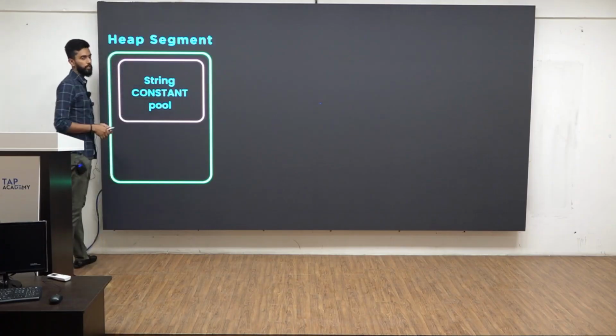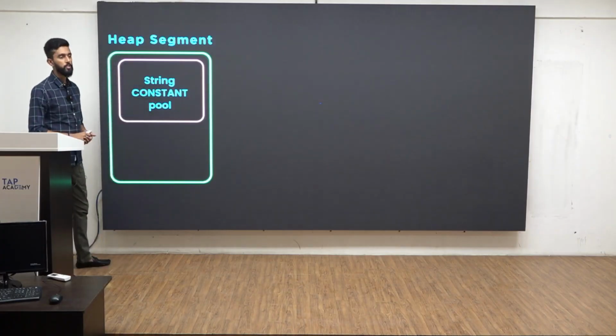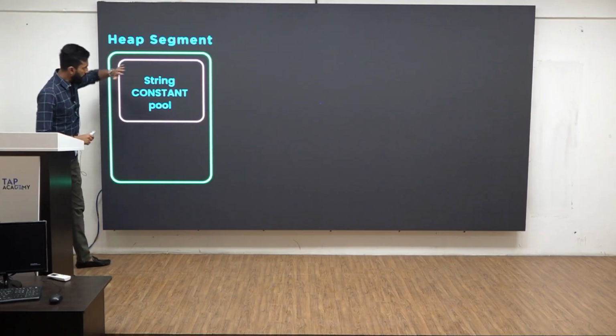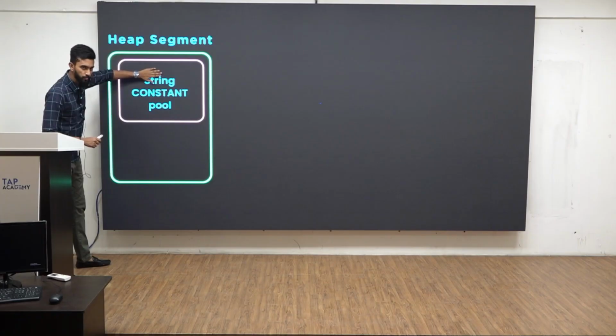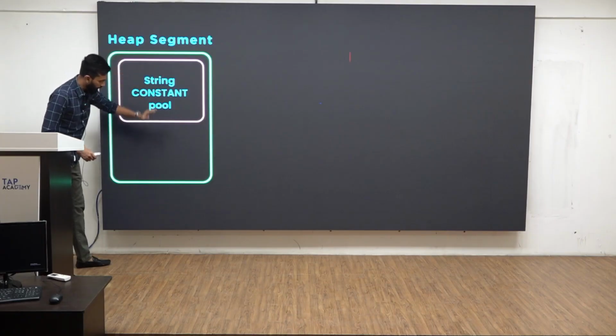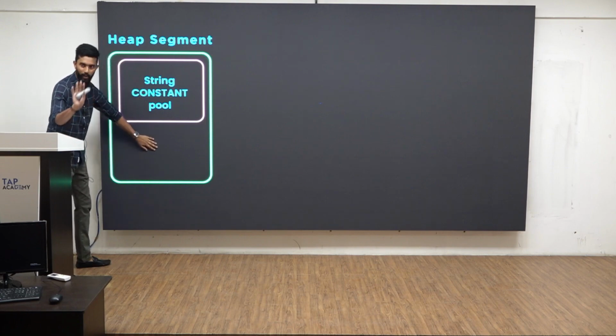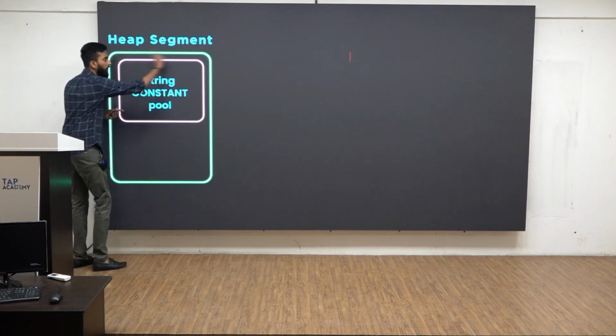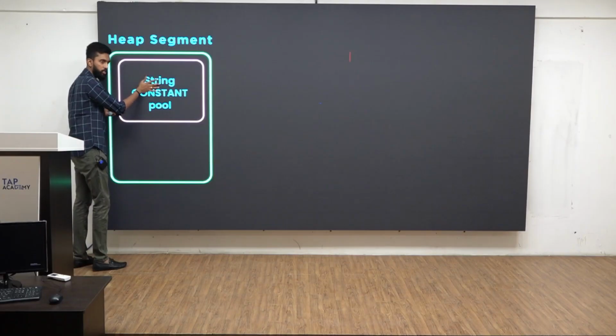Now what happens is, when you create strings in Java, sometimes string will get created inside this. Sometimes strings will get created outside this. Whether it is inside this or outside this, ultimately heap only. But inside heap there is one special region called as string constant pool.